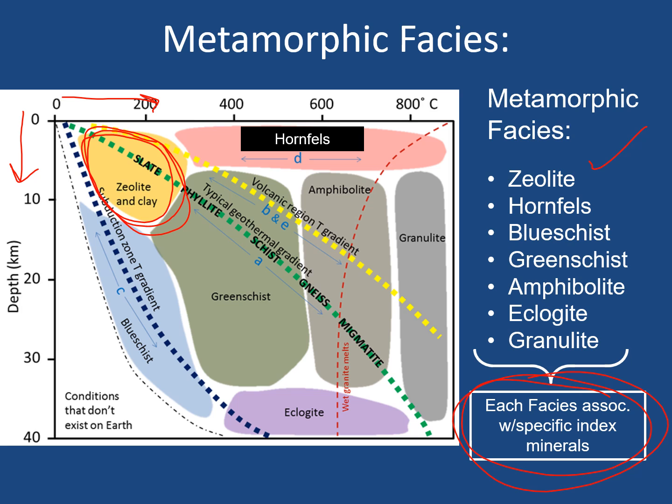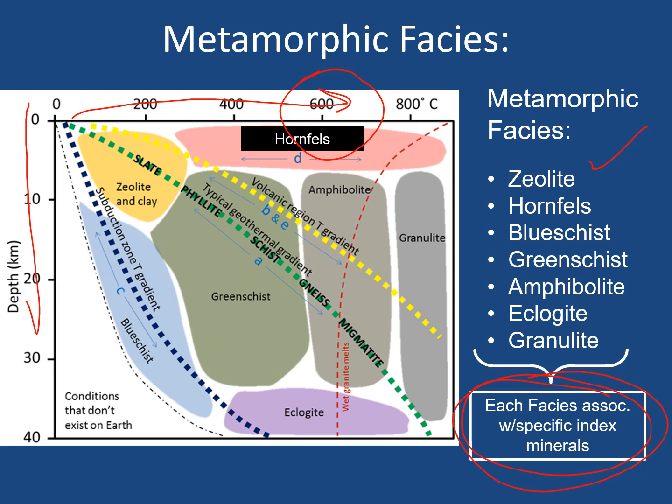However, what if we're at a much higher temperature, way over here, 600 degrees centigrade, and we're really deep. We're on the order of 25 or 30 kilometers in depth. Then we're in what's called the amphibolite facies.